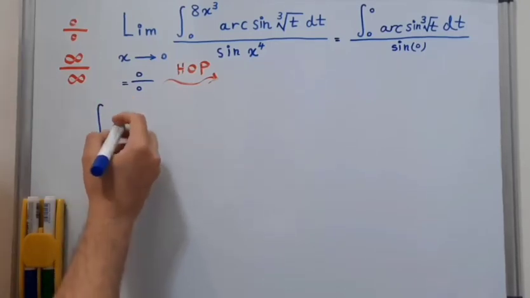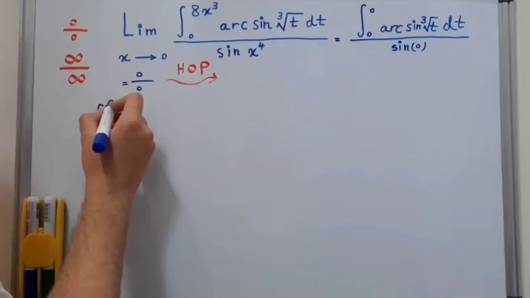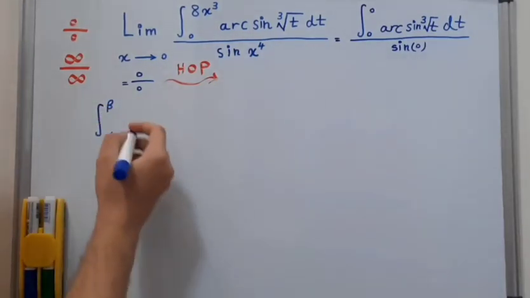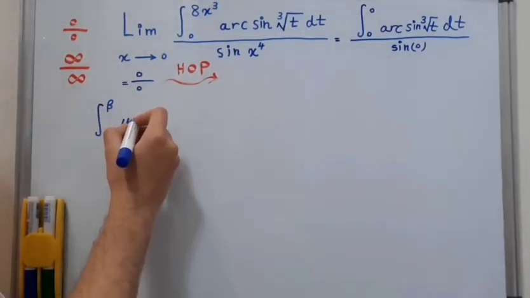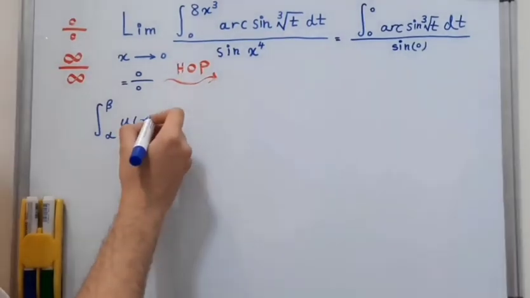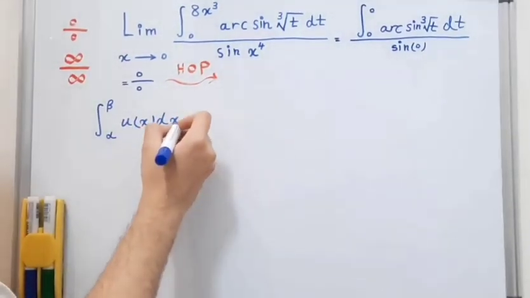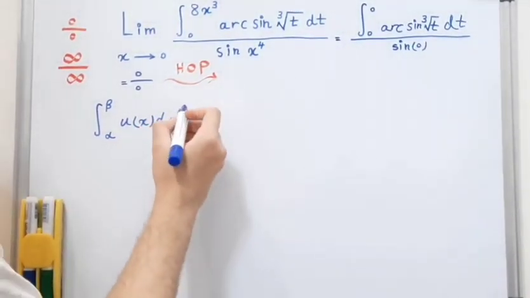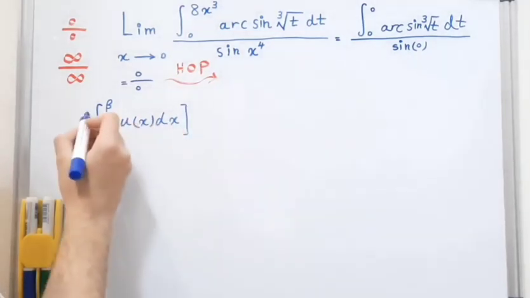For example, this is alpha, this is beta, and u of x dx.